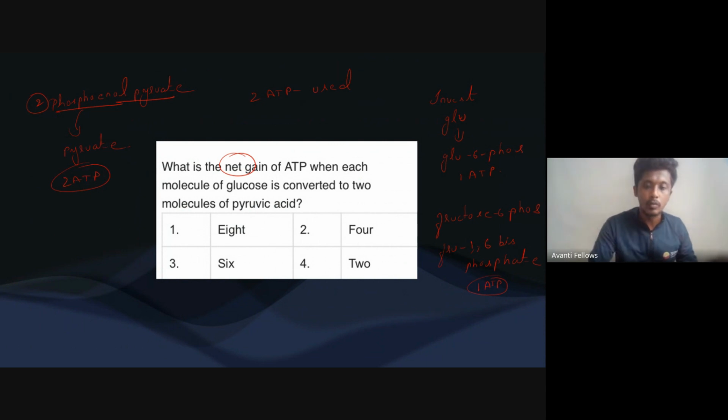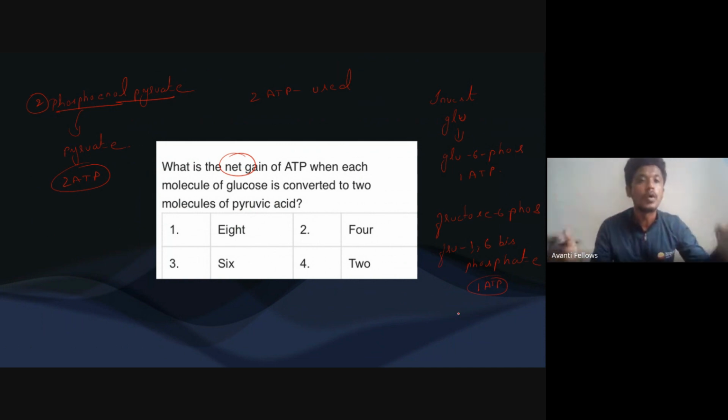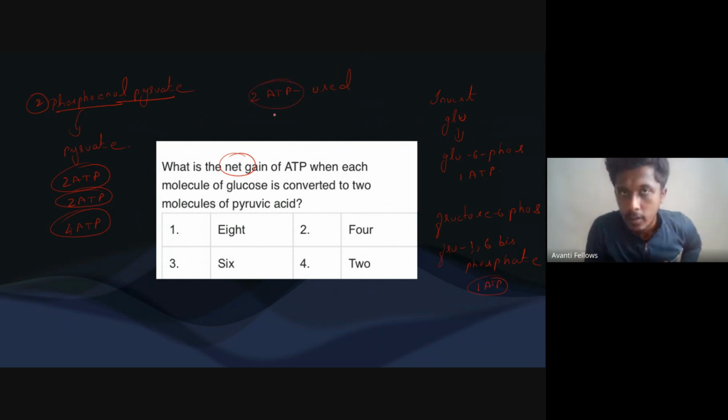There is one more place: when 1,3 biphosphoglycerate is converted into 3 phosphoglycerate, there also we get 2 ATP molecules for one molecule of glucose. Why? Because when the glucose is broken down, it gives rise to 2 halves, 3 carbon containing. That is why we have 4 ATP as the gain here. 2 plus 2 is 4 ATP. So how much are we investing? 2. 4 minus 2 is 2. So our answer is 2. We get only 2 ATP molecules out of glycolysis.